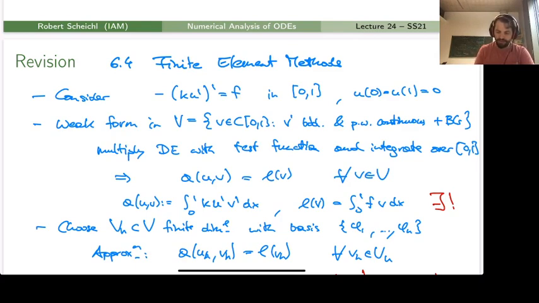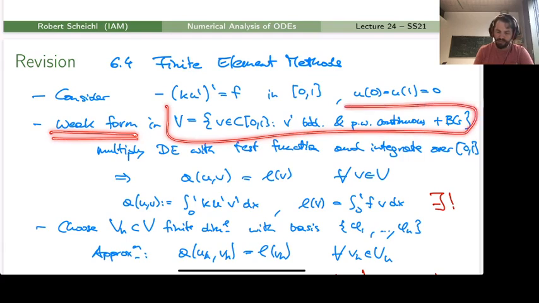As a first step to do the finite element method, we had to rewrite this problem in weak form. So in particular, we're going to formulate this problem in a much weaker space, namely the solution we're looking for is only needed to be continuous and have bounded piecewise continuous derivatives.